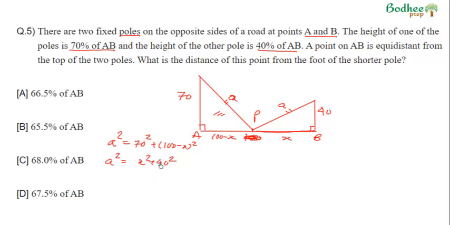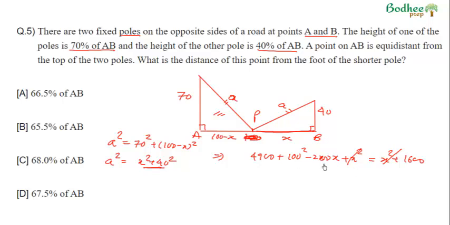So what we can do is substitute A square from this here to get the value of X. So we'll get 70 square, which is 4900, plus 100 square minus 2 times 100 of X plus X square, and this is equal to X square plus 40 square, which is 1600. These two X squares will get cancelled out, right? 100 square is 10,000.